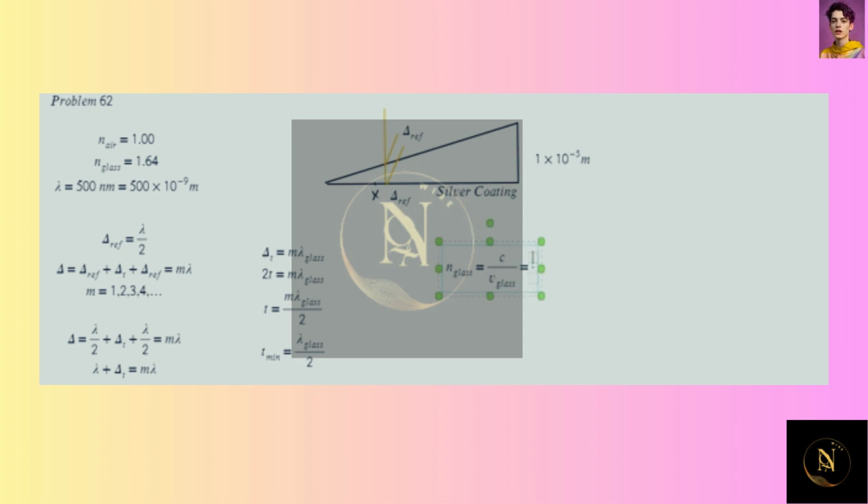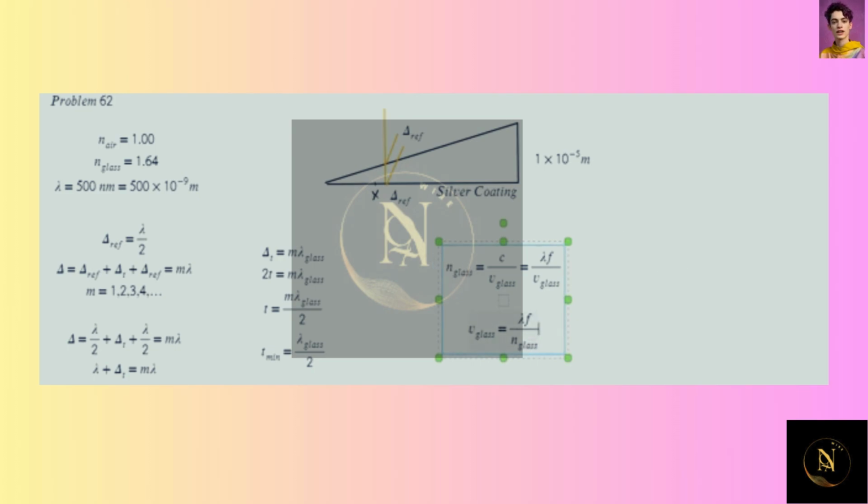Let's go ahead and rewrite the speed of light as lambda, the wavelength of the light in air or vacuum, times the frequency of that light, over v of glass. Okay, what I'm going to do now is solve for v of glass. V of glass is going to be equal to lambda f over n of glass.